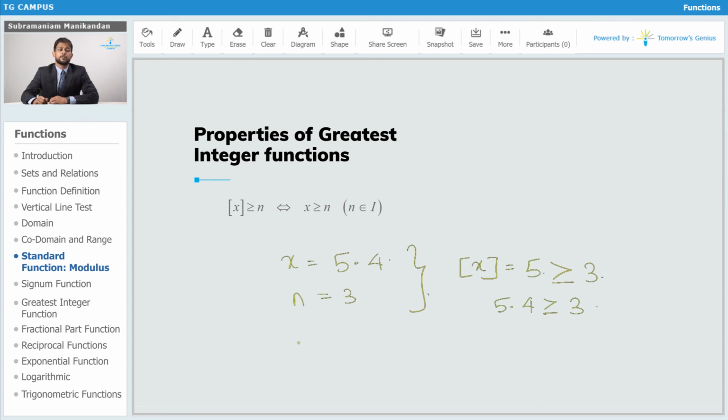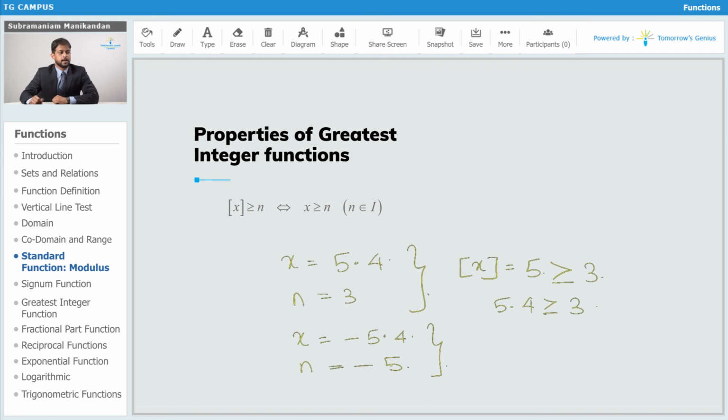Let's take the case of negative numbers. x is equal to minus 5.4 and n is equal to minus 5. In this case, how is it? This case does not satisfy.